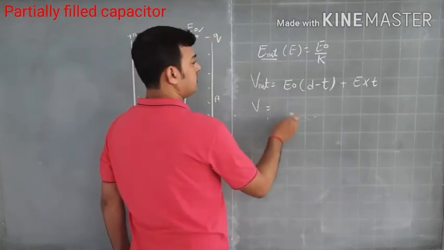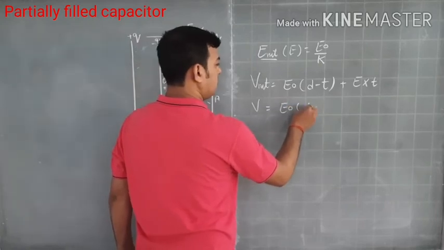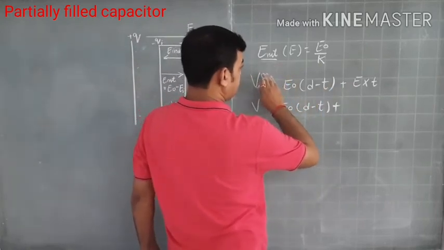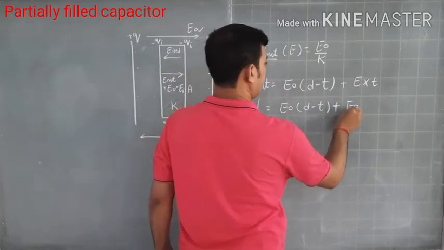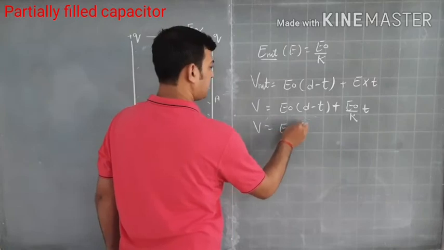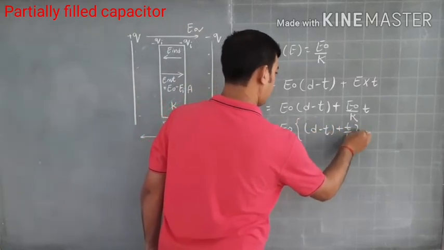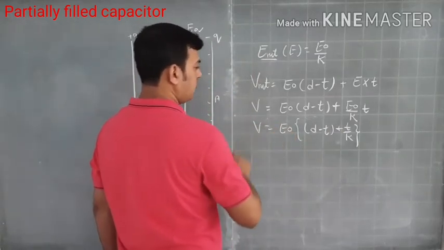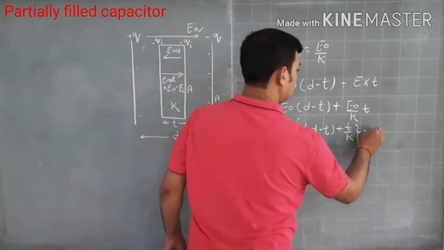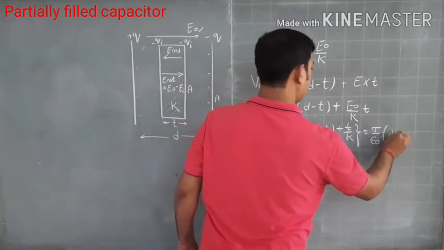On simplifying we can write it as E naught times (d minus t) plus, this is the net field, so I can write it like E naught by K times t, which on simplifying gives, or you can write the value of the field between the plates as sigma by epsilon naught times this quantity.